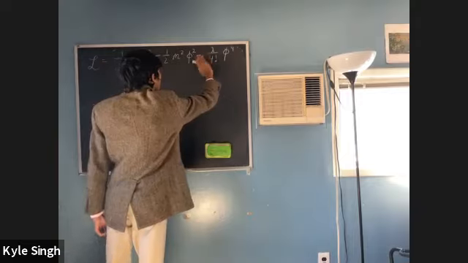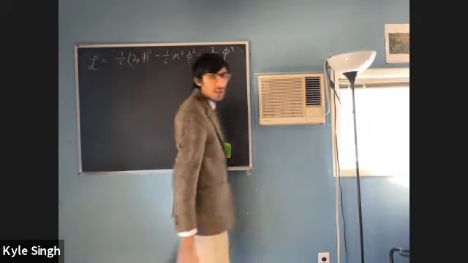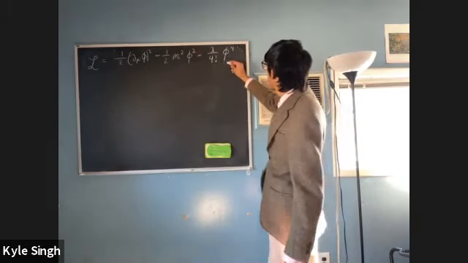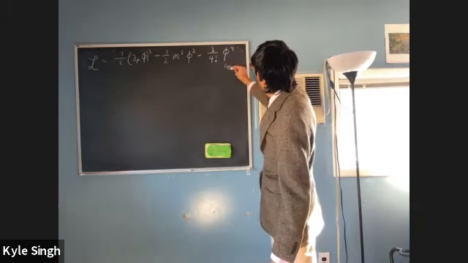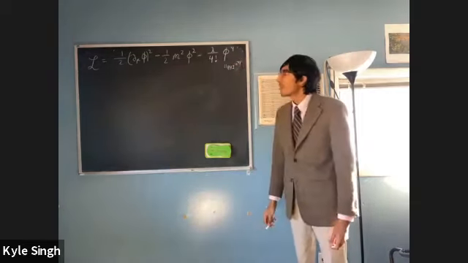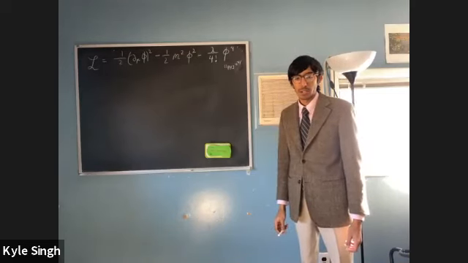Should be a minus, sorry. This is the famous phi to the 4th theory. We'll dub it phi to the 4th theory. And this is our first model of an interacting theory.